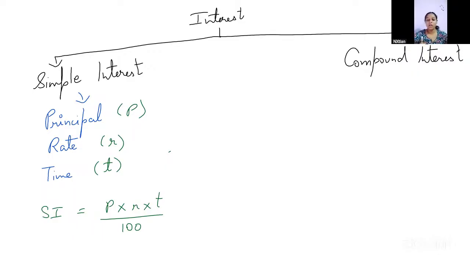But in compound interest, I calculate the first year's interest and then add it to the principal, and then calculate the interest of the second year on that whole thing. So it gets compounded.